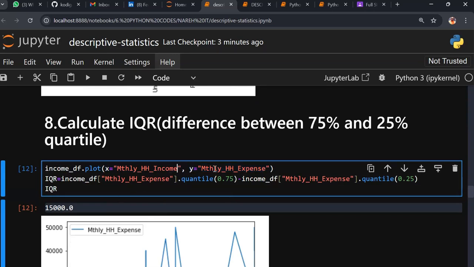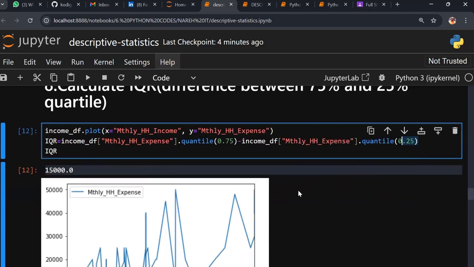IQR from monthly expenses, dot which function? Quantile. 75 minus 25 is how much? If you mention 50 minus 25, that's the 25% quantile, isn't it?